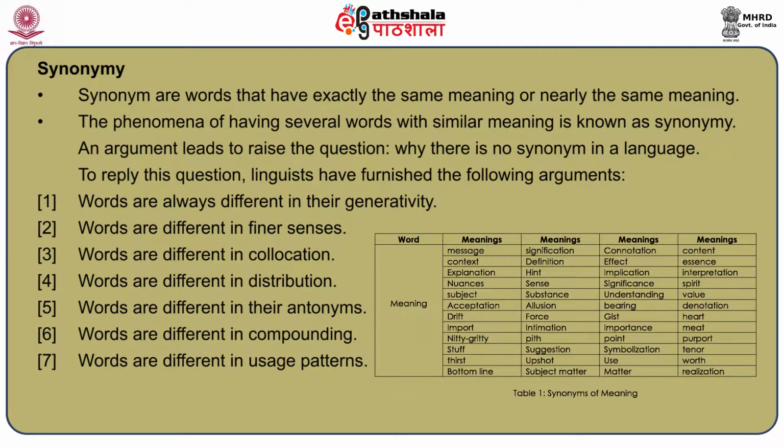What is a synonym? In synonymy, it is assumed that there are words in a natural language that have exactly or nearly the same meaning. Such words are known as synonyms, and the phenomenon of having several words with similar meanings is known as synonymy. However, rigorous research into word meaning has clearly shown that there is no synonym in a language in the true sense of the term.